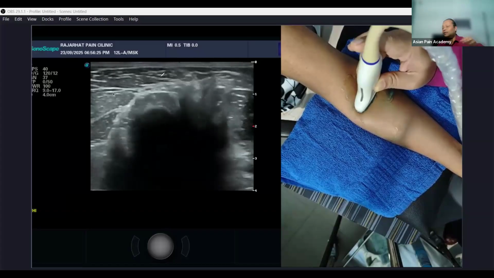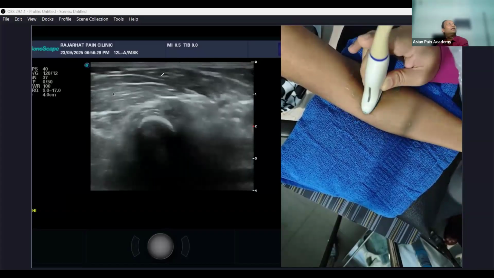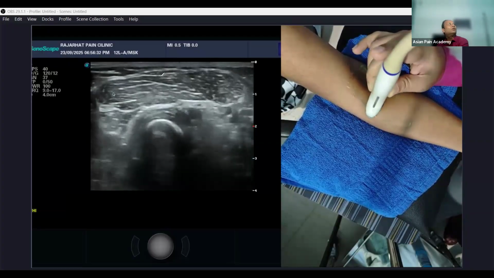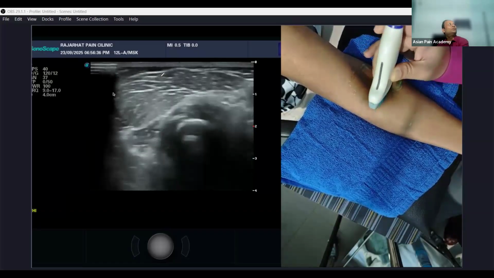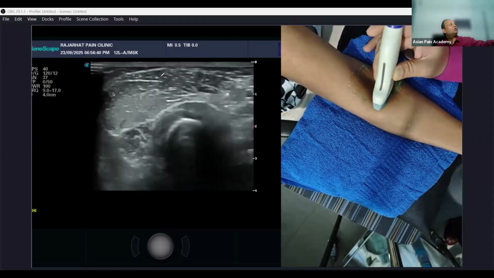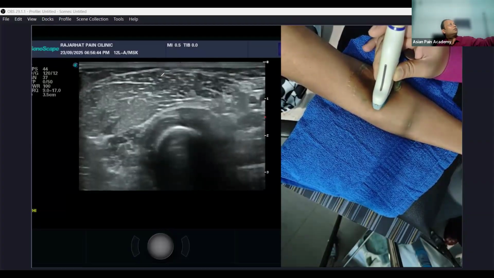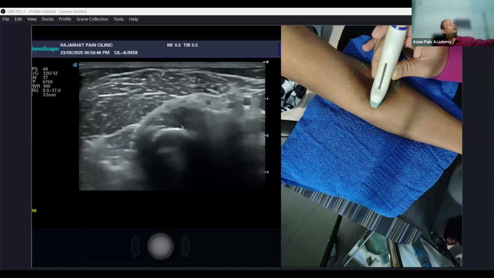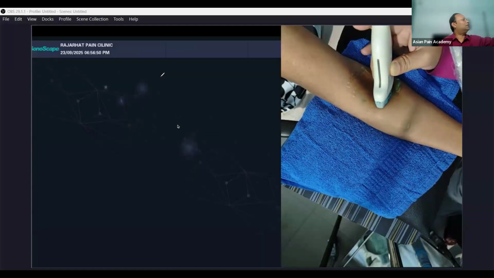So here I will change the position of the hand; I will pronate the hand. With this pronation, I can see the supinator in a much better way. So this part is the supinator. This picture is not really nice.